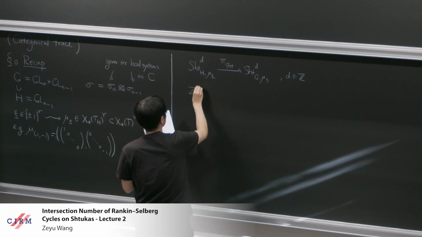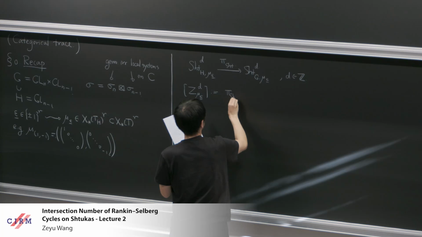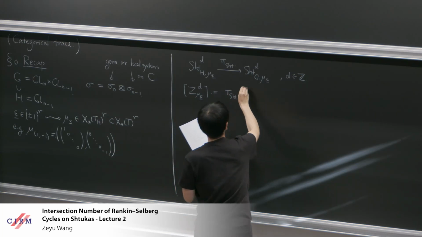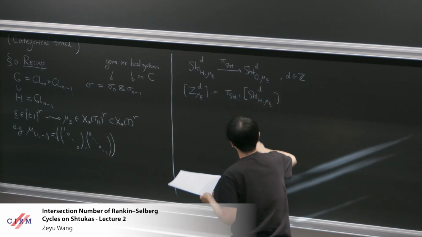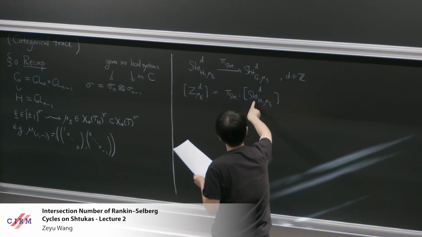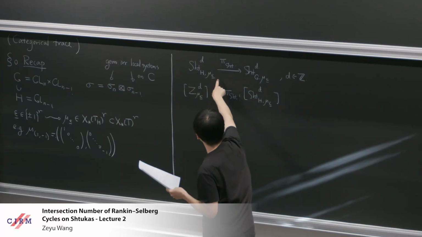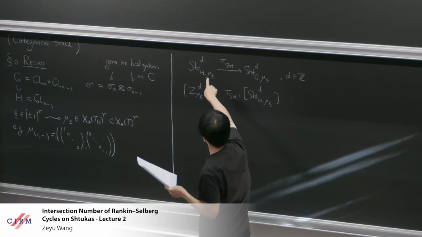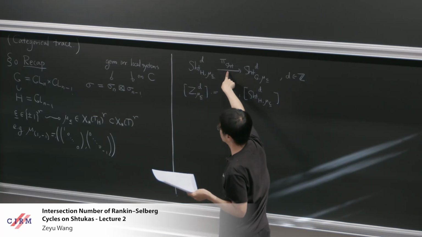Then I define the special cycles to be the push forward of the fundamental class of Sht_H. Okay, so for this fundamental class to be defined, I'm using that Sht_H is smooth, and for this push forward to be defined, I'm using that this map is finite.